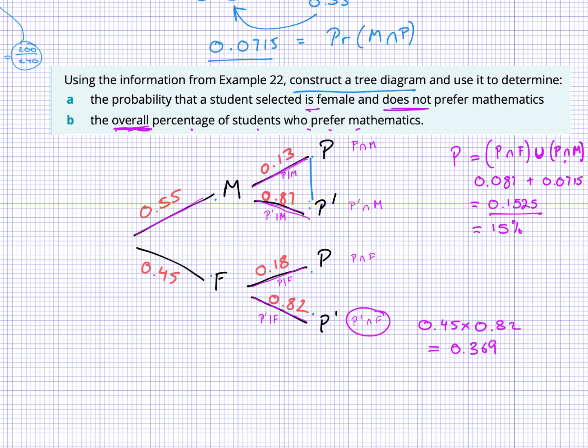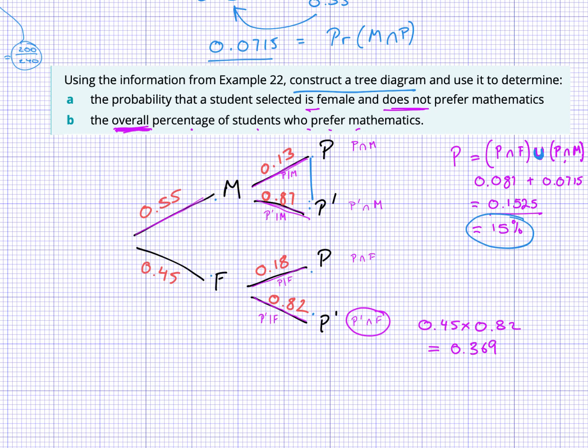Now you notice that I used the word and when I talked about overall, but I used the symbol for union, which the correct wording should be or. And what this question has actually asked us is, what are my chances in the total school, if I picked a student at random, of pulling someone who prefers maths, whether it's male or female? So you can see there that I used the wrong words, but it means the same thing.